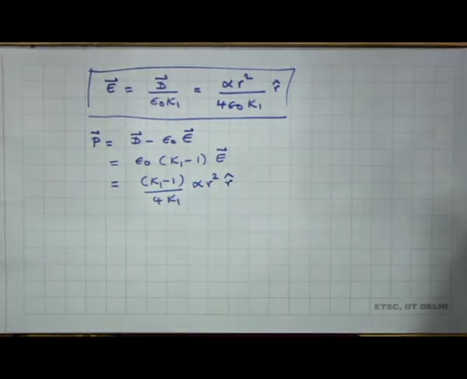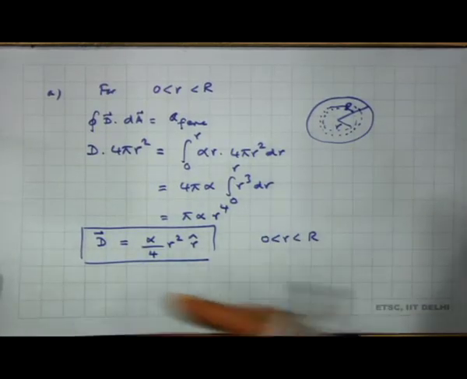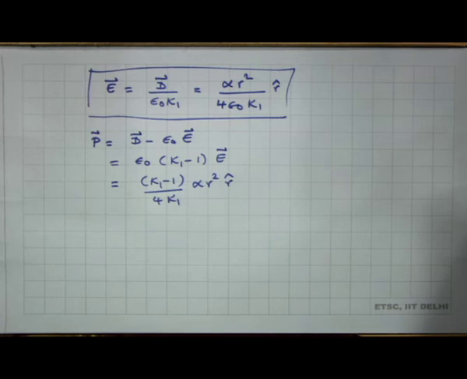That is the polarization vector. So, what I have done is I have used Gauss's law and symmetry arguments to find out the displacement vector within the sphere, and also from there the electric field vector and the polarization.